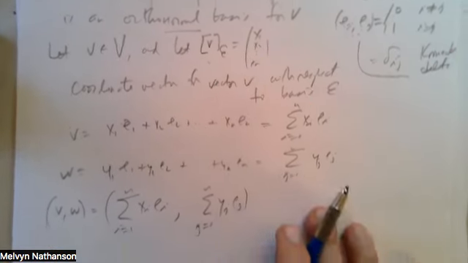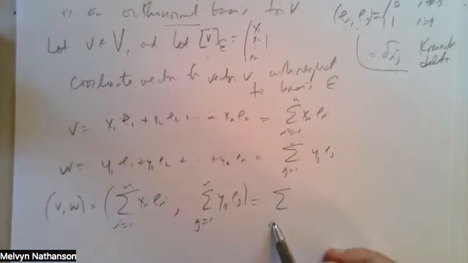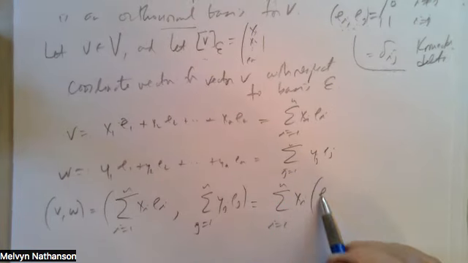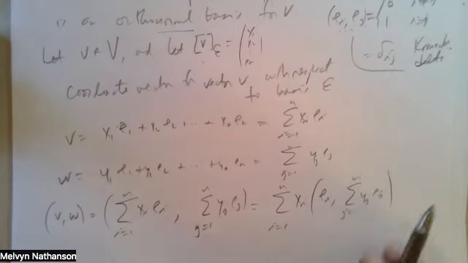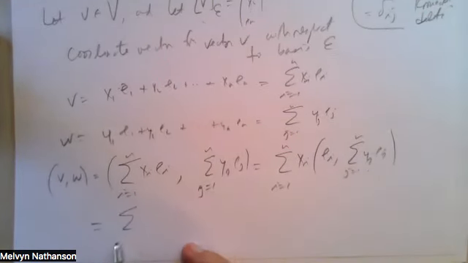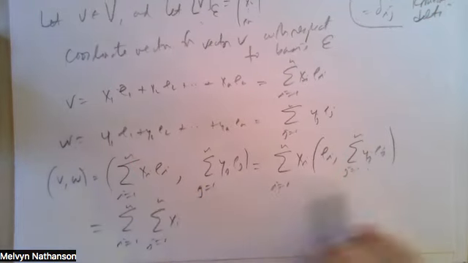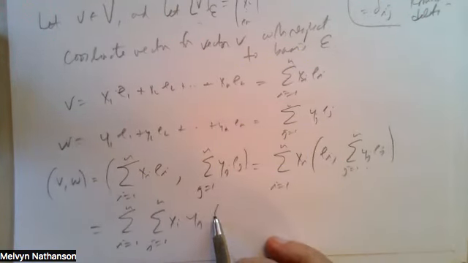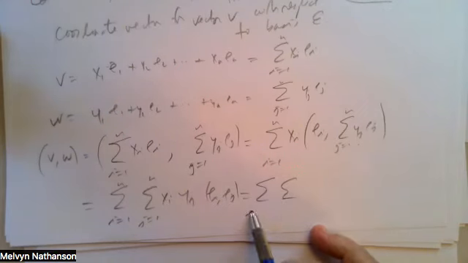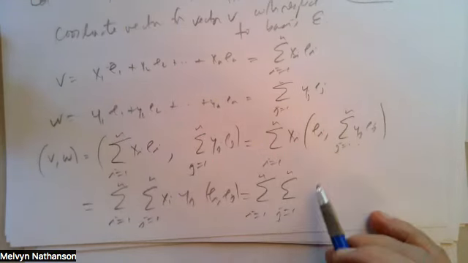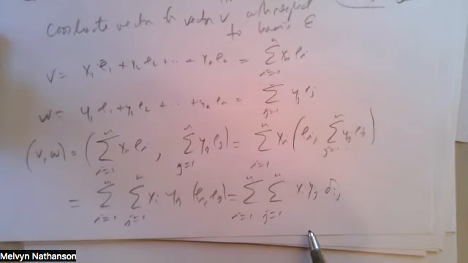If we expand this using bilinearity, you get the double sum, i goes from 1 to n, j goes from 1 to n, xi yj times the inner product of ei and ej, and the inner product of ei and ej is the Kronecker delta, delta ij.